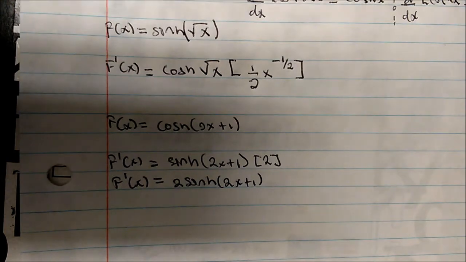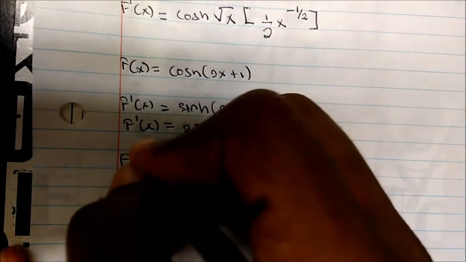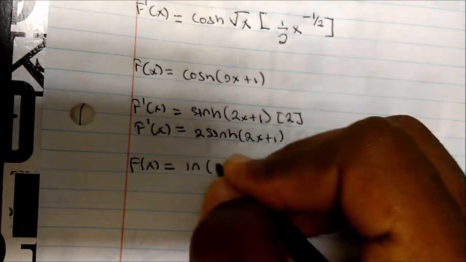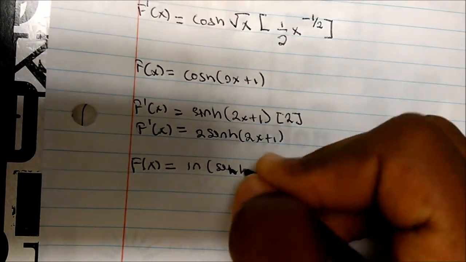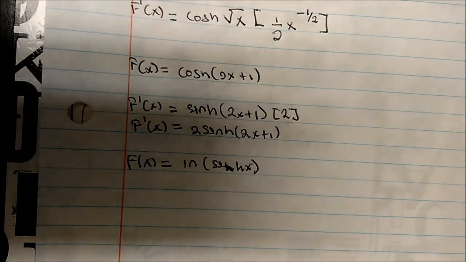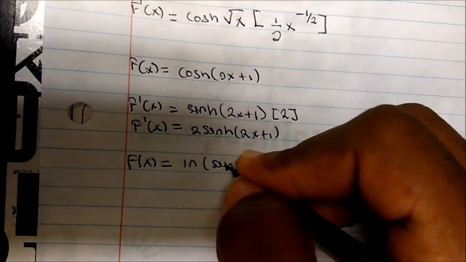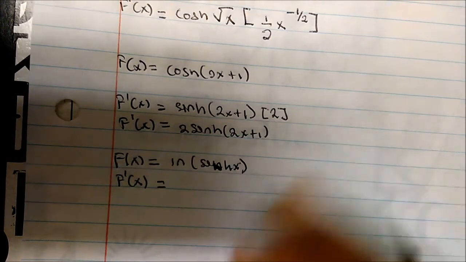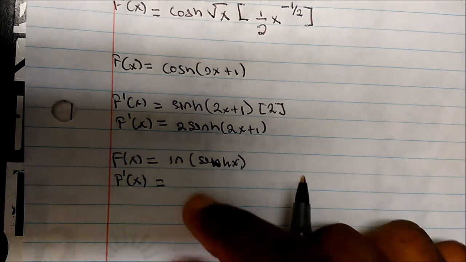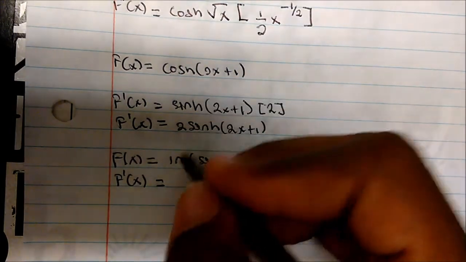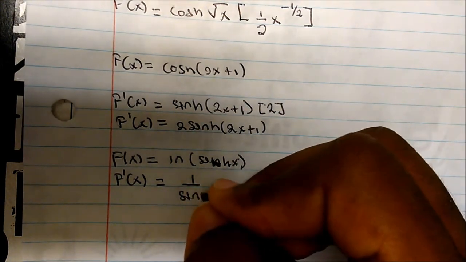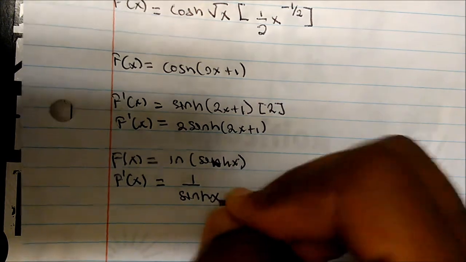So let's look at another one. What if we have some function f of x equal to natural log of sine hyperbolic of x? What would be my derivative? f prime of x in this case: the derivative of natural log of anything is just 1 over that thing. So in this case, this would be 1 over sine hyperbolic of x.